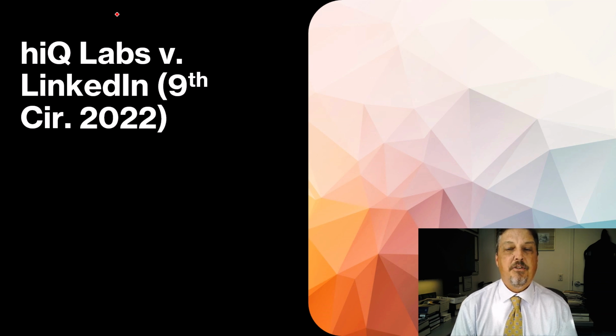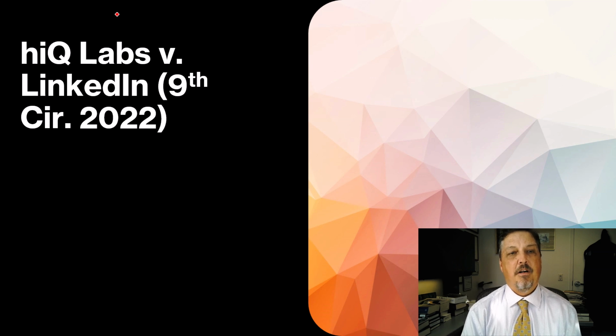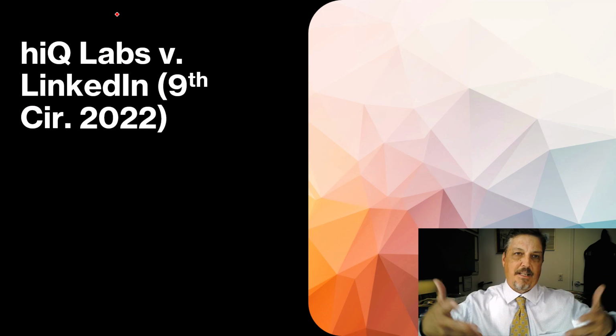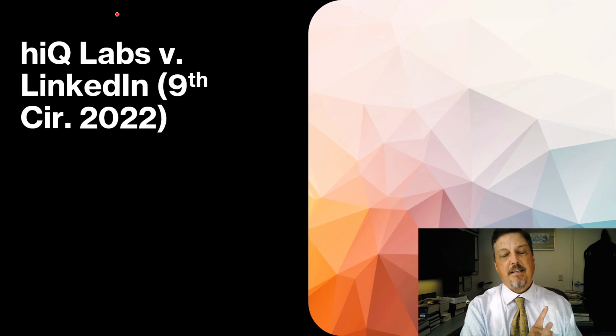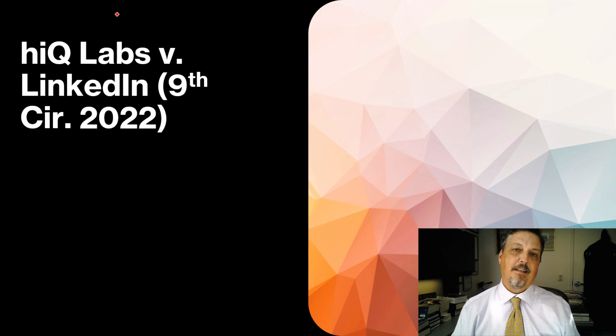So HiQ is an interesting case because it takes a pretty strong stance in saying that web scraping of a public-facing website, notwithstanding that the site has some technological measures to prevent scraping, is not a CFAA violation.